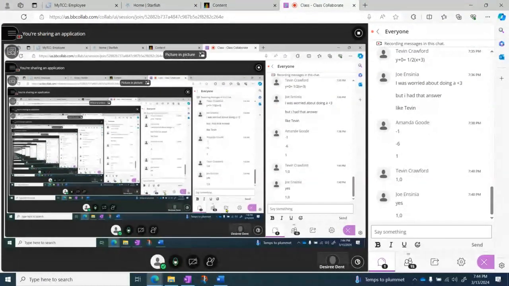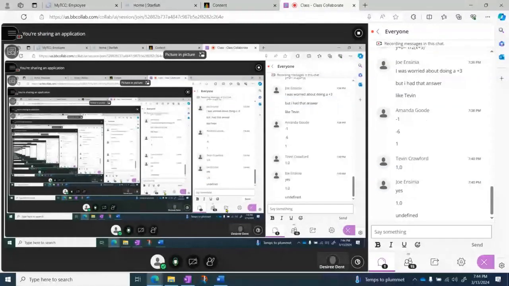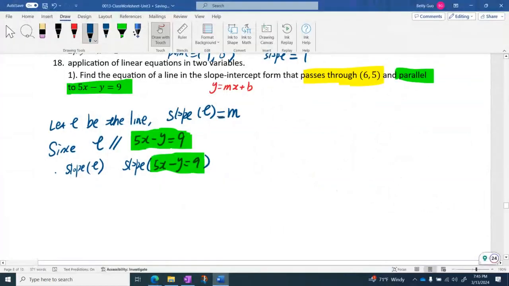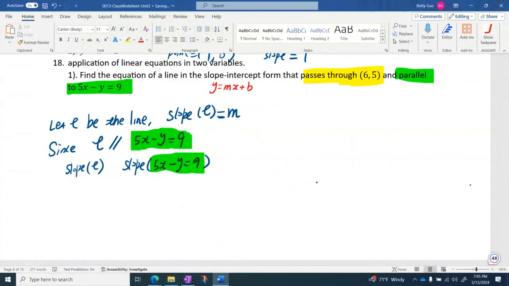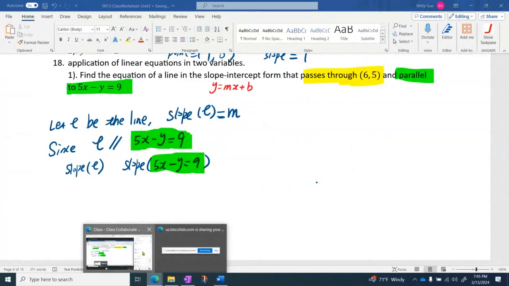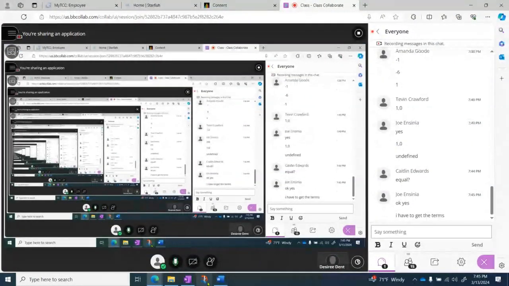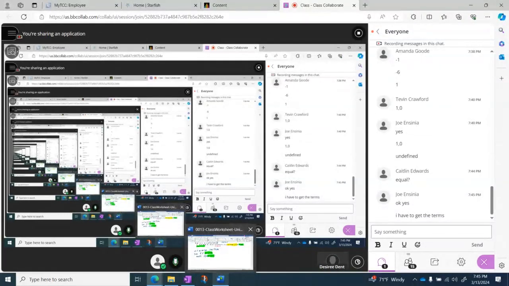Equal. Yeah, equal to each other. A vertical line has undefined slope. Remember the theorem we have learned? Yeah, you got it now. The theorem is right here.